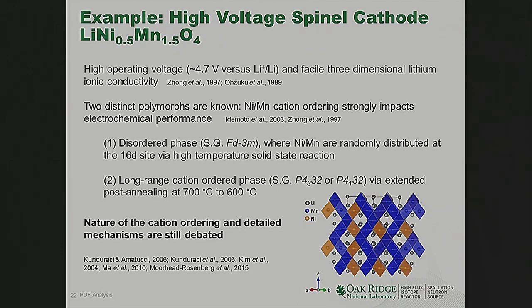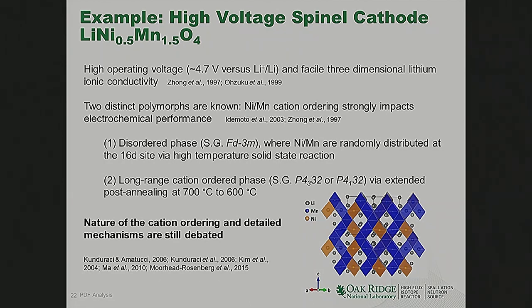There's a higher symmetry space group where nickel and manganese are randomly distributed. And then there's this ordered phase, which is represented here, where you get ordered nickel and manganese. And these are made by different heat treatments, basically, during synthesis.